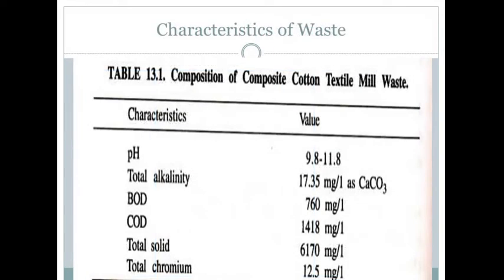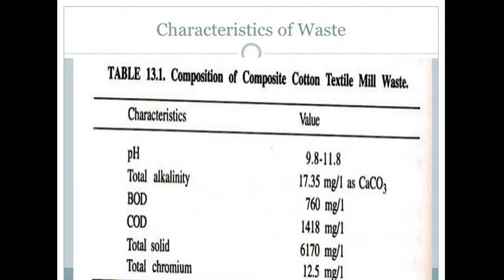Okay, the next one is the characteristics of cotton textile mill waste. pH normally varies from 9 to 10.5. The alkalinity varies up to 600 mg per liter. Okay, so this is cotton textile mill waste. pH varies from 9.8 to 11.8.